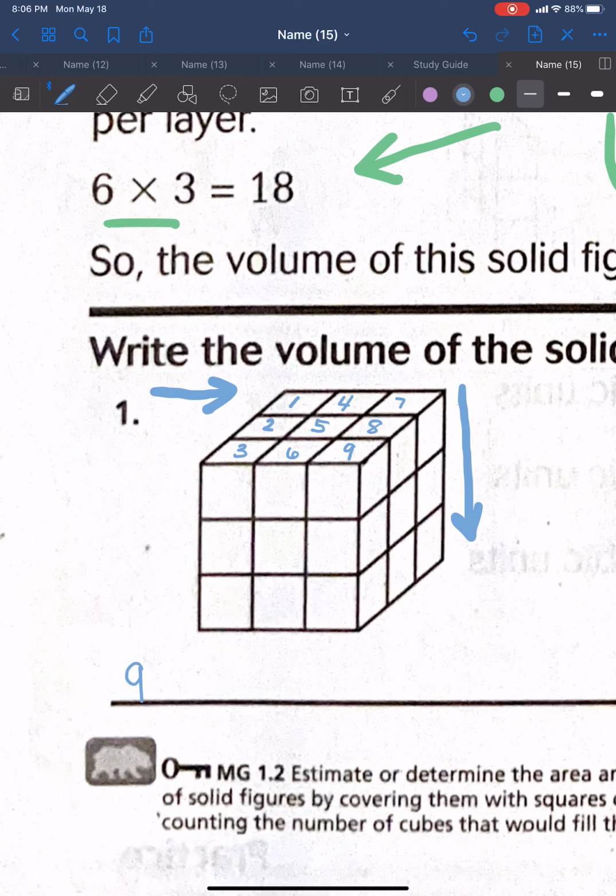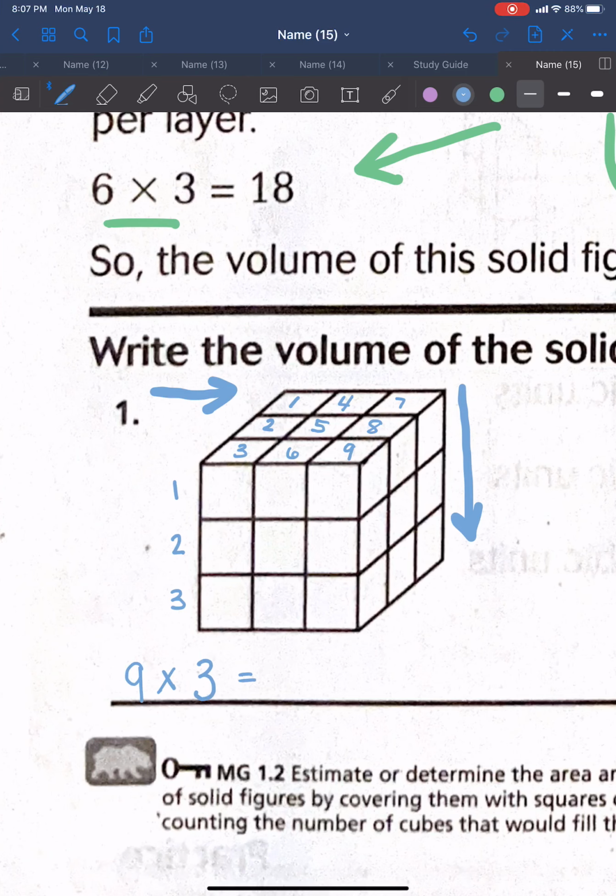How many layers do we have all together? Well, we have 1 layer, 2 layers, and 3 layers. So we take the 9 that is in 1 layer, multiply it by the number of layers that there are, which equals what?